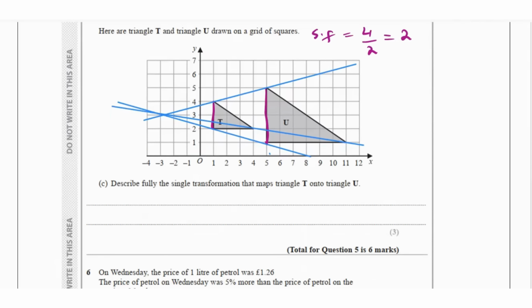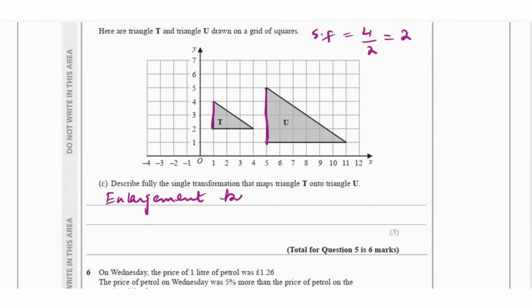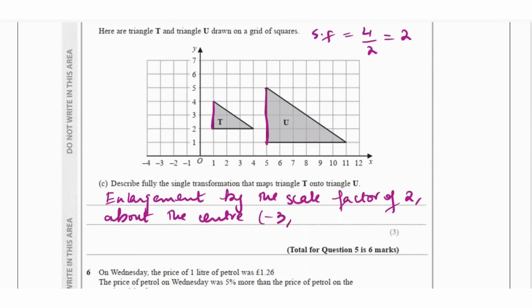It's a little unclear, but it's (-3, 3) for sure. So enlargement by the scale factor of 2 about the center (-3, 3). That's your answer.